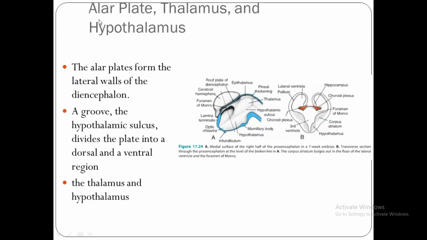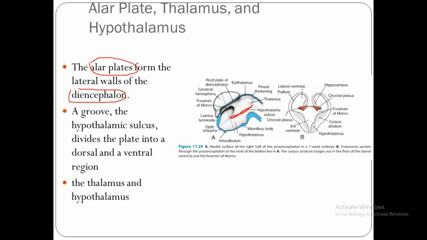Now the alar plate, thalamus and hypothalamus. So now we are coming to the formation of thalamus, hypothalamus and alar plate. What's the role of the alar plate in the formation of thalamus and hypothalamus? These alar plates form the lateral wall of diencephalon, and a groove known as hypothalamic sulcus, it's here in the picture.